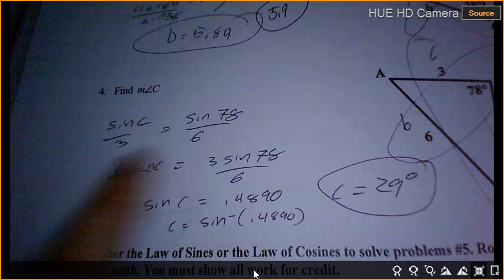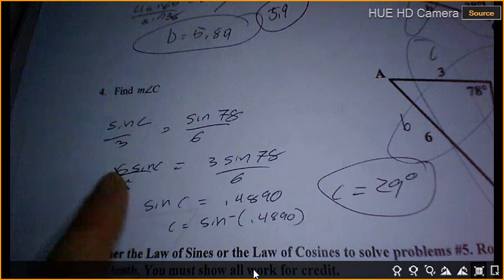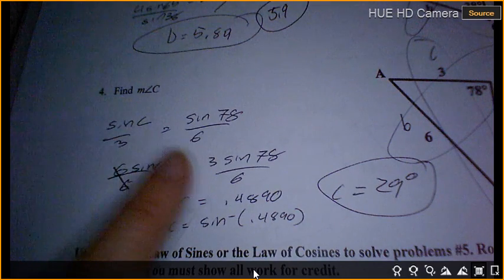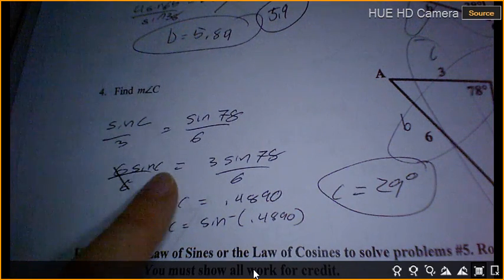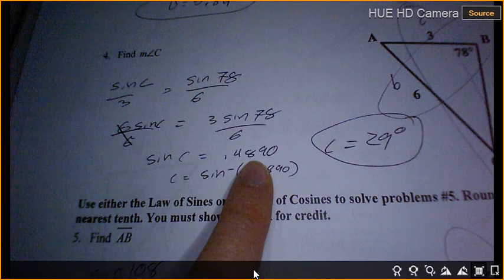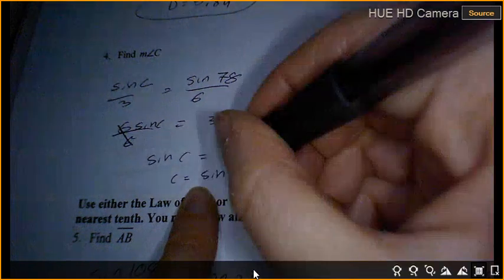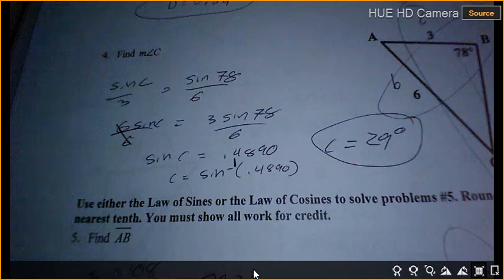I divide by 6. Why don't I take sine inverse with me? I'm trying to find the angle. I can't take that sine with me because it has a C afterwards, not a number. So I get sine C equals 0.4890. I take the inverse sine, that should be a negative 1 right there, and I get 29 degrees.